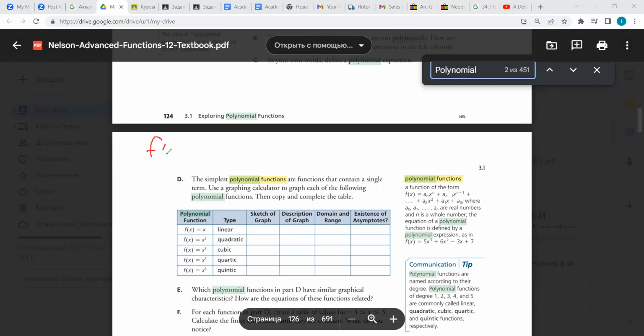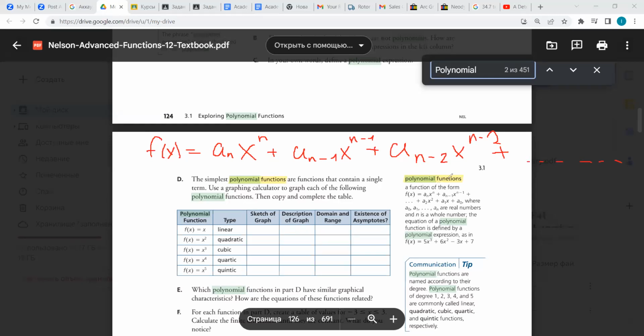So a polynomial function f of x is going to have the form a_n x^n plus a_(n-1) x^(n-1) plus a_(n-2) x^(n-2), and so on.